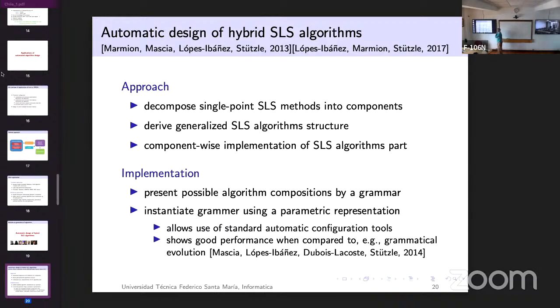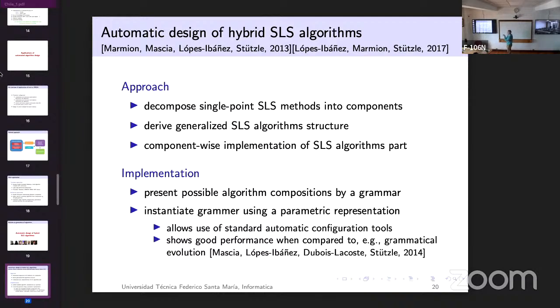We derive the generalized SLS algorithm structure. So then you have a component-wise implementation of the SLS algorithms. And then you do the implementation. You represent the possible algorithm compositions by a grammar.